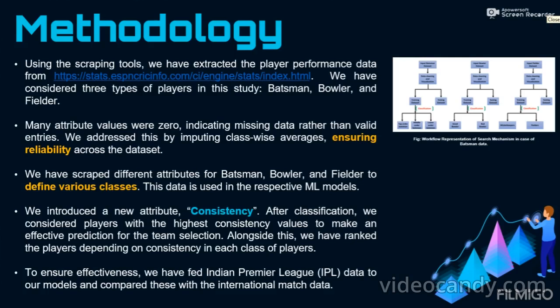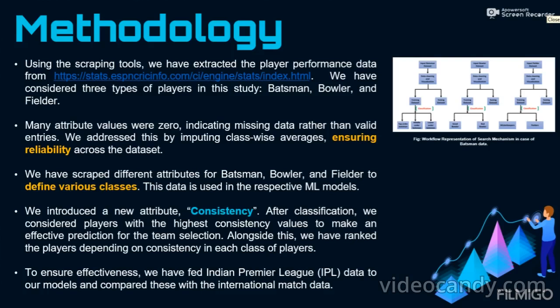In our project, we introduce this metric to rank players within their respective roles based on sustained performance. This metric combines multiple attributes like average, strike rate, innings, and dismissals into a single weighted score.